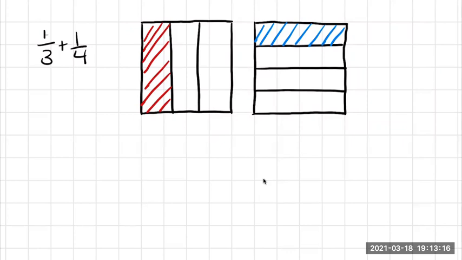So for our thirds, we're going to break them into fourths or decompose into fourths. And with our fourths, we're going to decompose into thirds. We're always going to decompose using the opposite denominator. So thirds, we're going to break into 4 pieces each. And then our fourths, we're going to break into 3 pieces each.